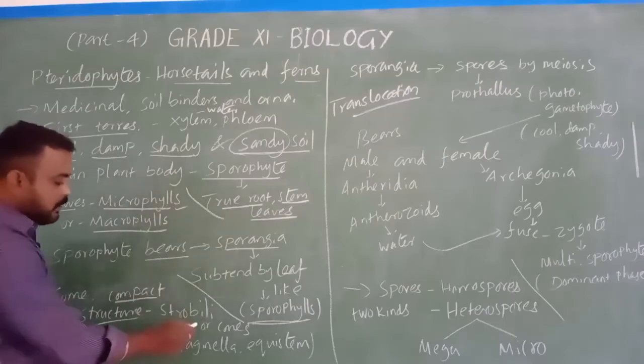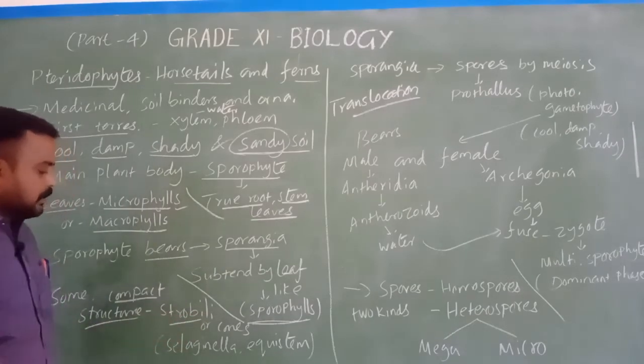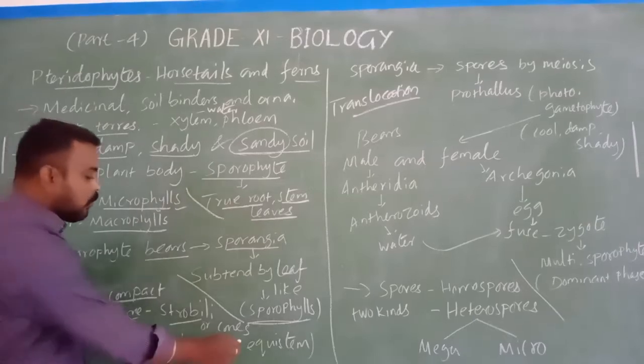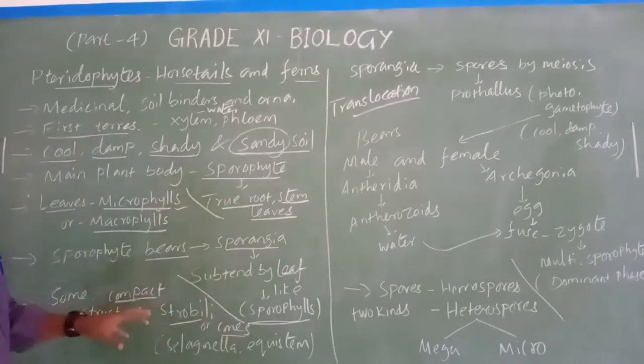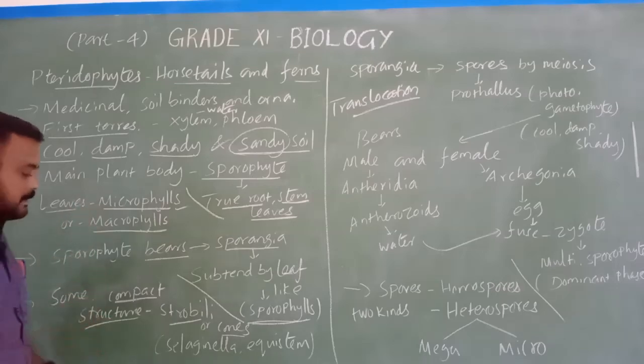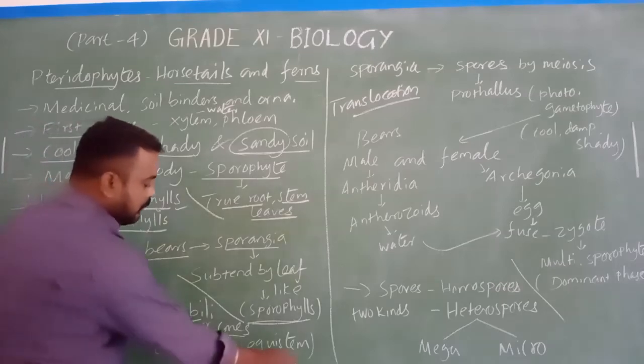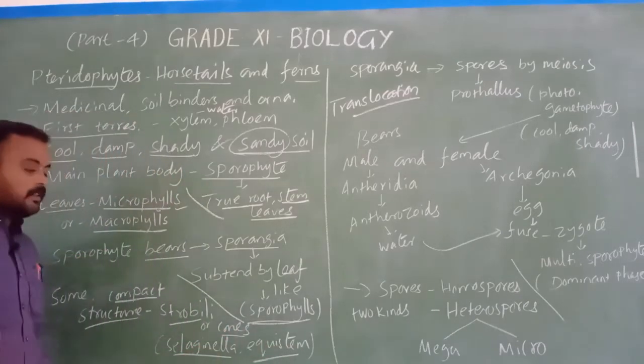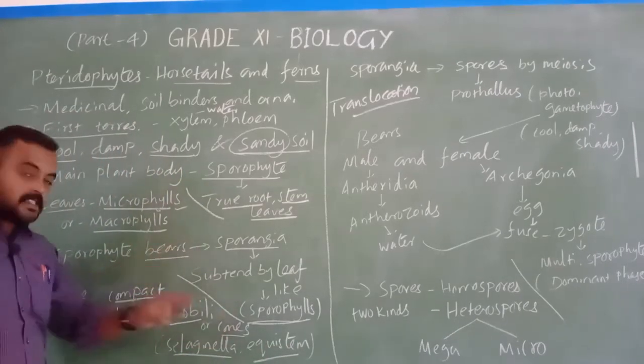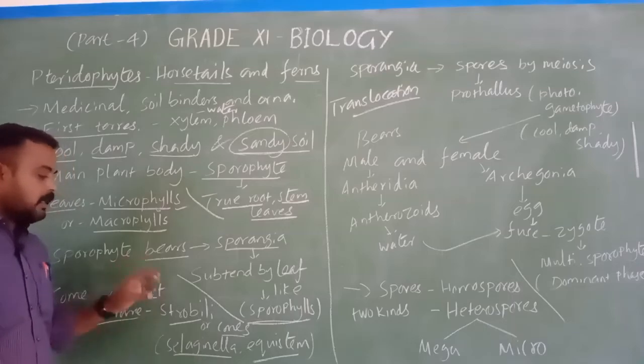It is called strobili, or cones. So cones are produced in the pteridophytes. For example, in Selaginella and Equisetum species, the strobili or cones are produced.